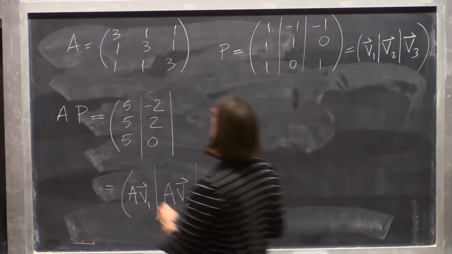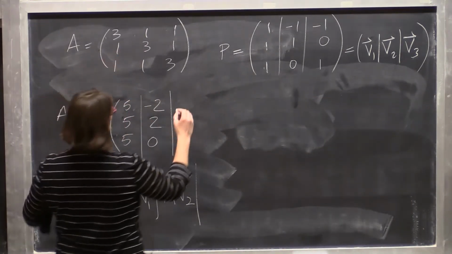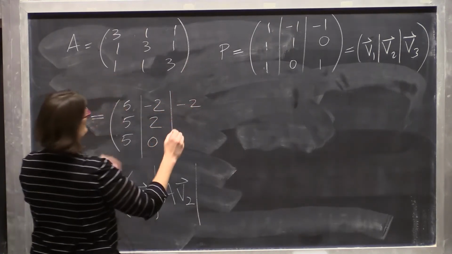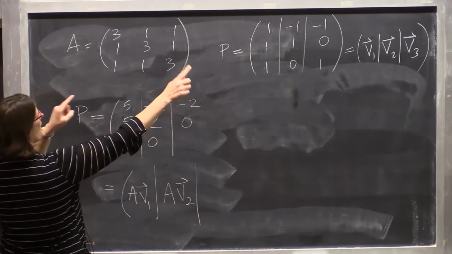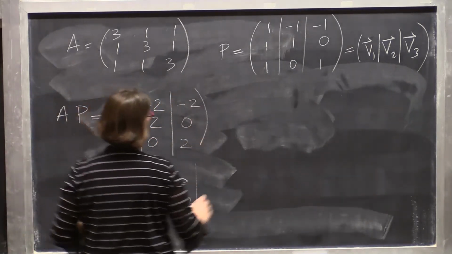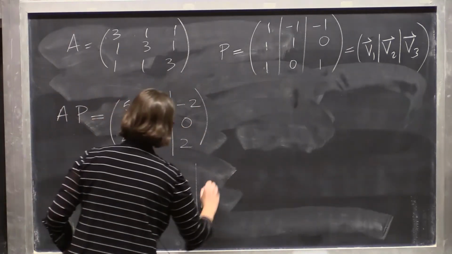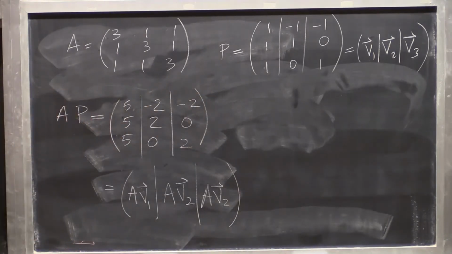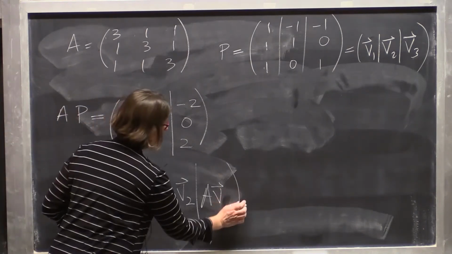Third column, minus 3 plus 0 plus 1 is minus 2. Minus 1 plus 0 plus 1 is 0. Minus 1 plus 0 plus 3 is 2. That is the same as A times V3, thank you.